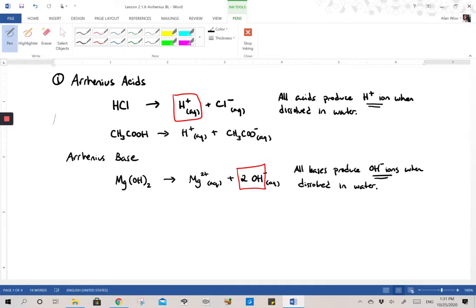So for example, consider this weak base.